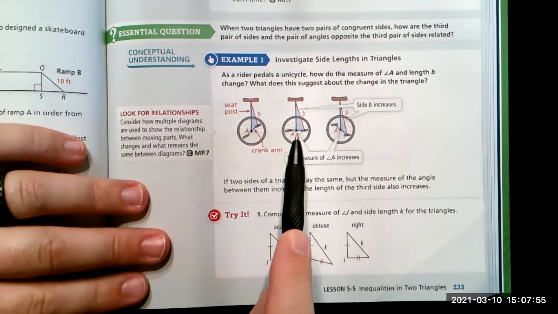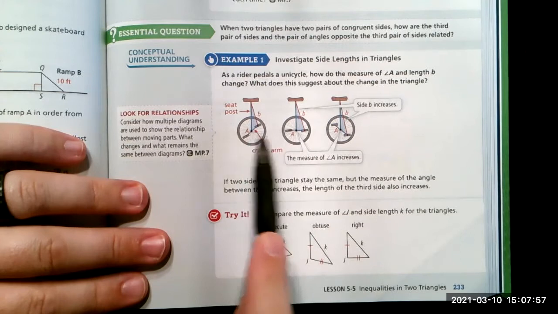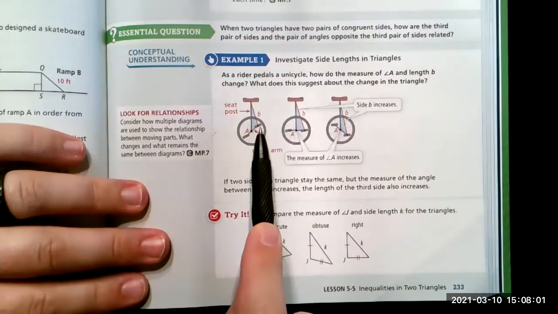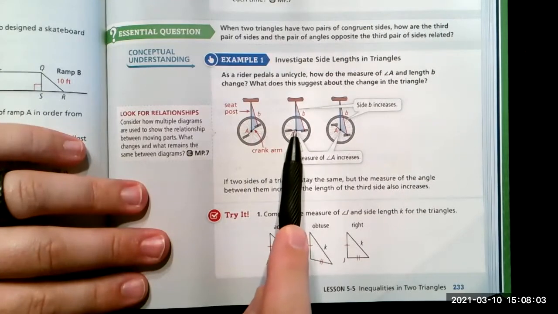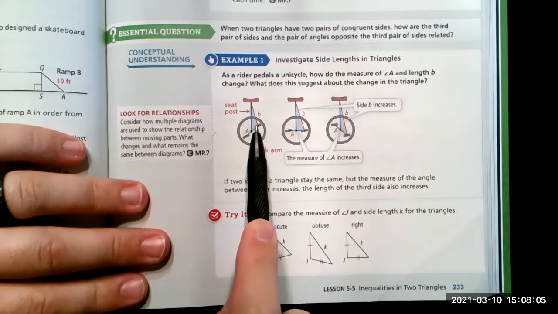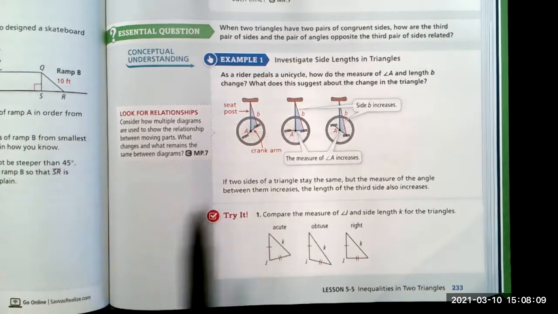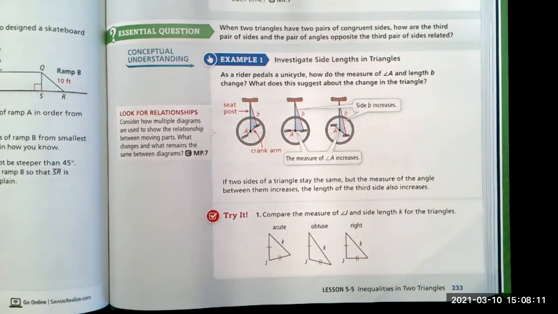If you look at the next picture, you'll see that angle A increased, it got larger. Maybe the pedal just kept going down. So angle A increased, and the length of side B also increased. This makes sense, and it goes back to exactly what we talked about in 5.4.